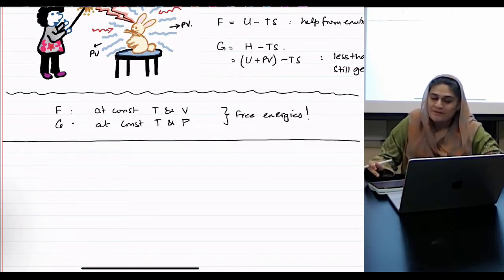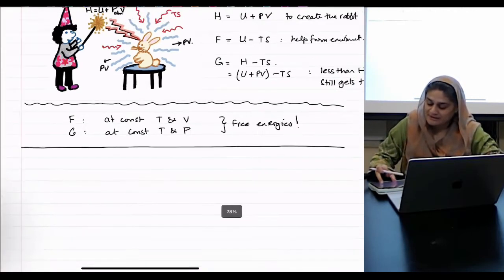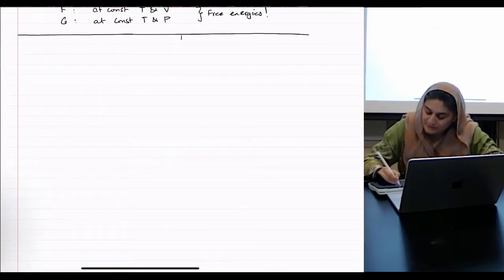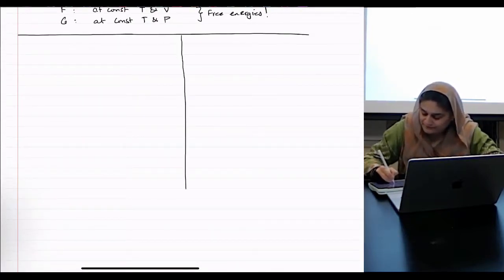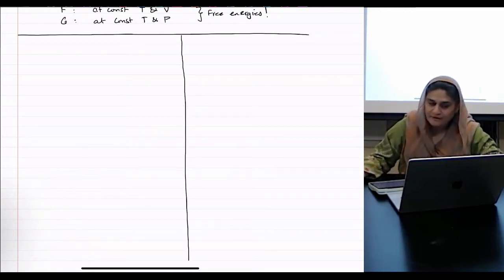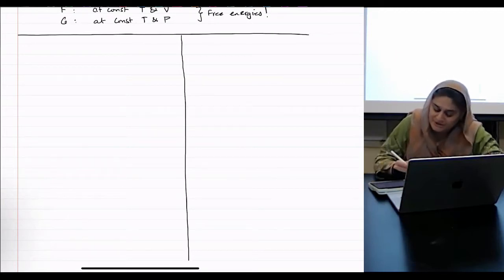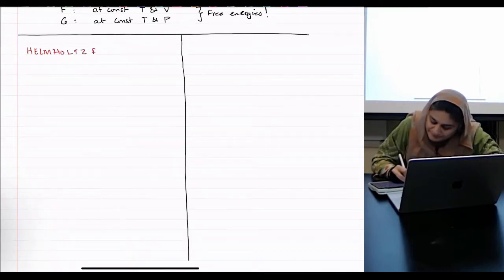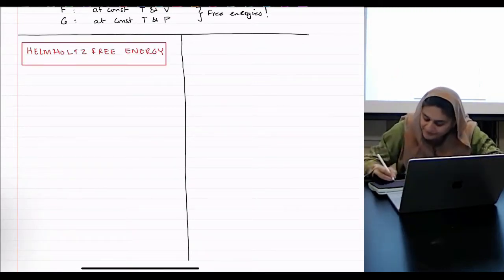So I'm going to do them side by side. Everybody make a line in the middle. We're going to do Helmholtz free energy on this side with red, and then the Gibbs free energy on this side.